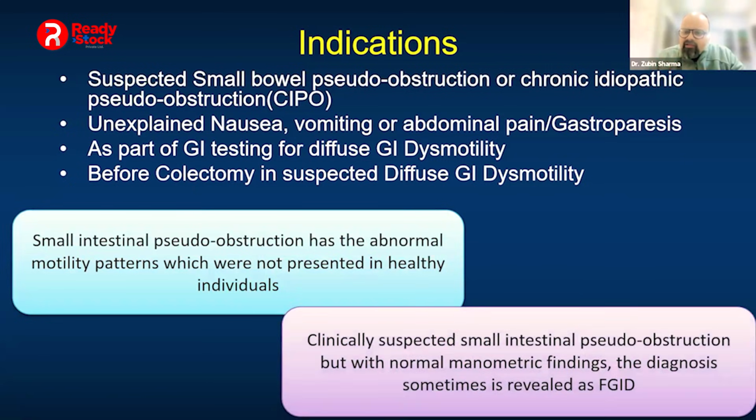And if clinically suspected SIPO and the manometry is normal, it is usually functional disease. So ADM can give you a yes or no answer very clearly, abnormal or normal. If it's normal, it is usually not SIPO.